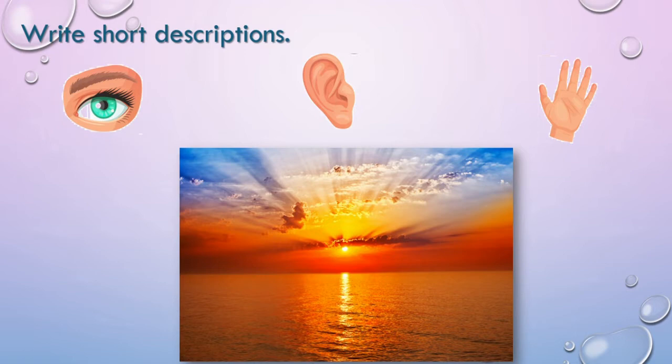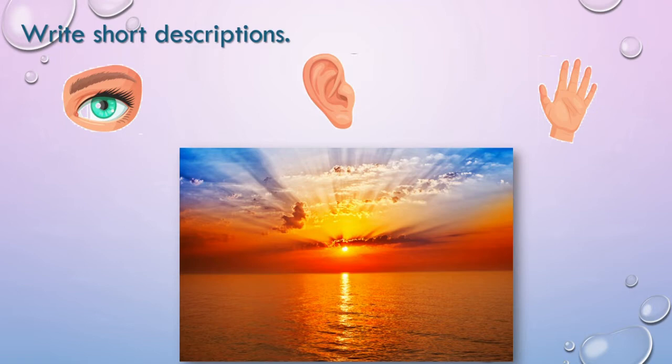While writing a short description about any photograph given, we have to use our sensory organs. Not all the five, we have to use some of the sensory organs that are very useful to read the pictures. Here you can see eyes and our ears and our touch feeling that can tell us about this picture.